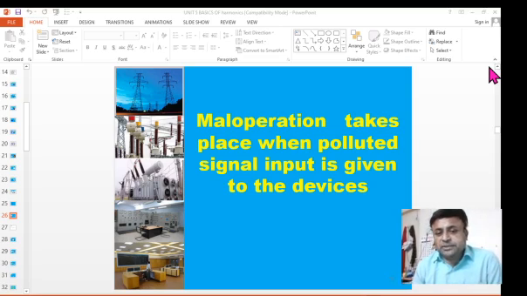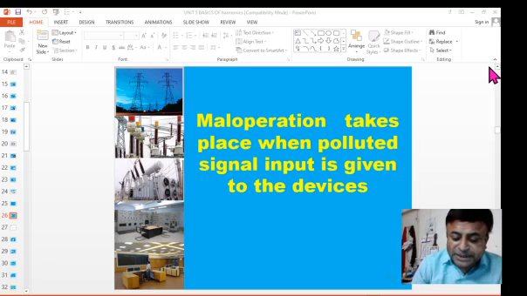These equipments are very sophisticated and are designed for a sinusoidal wave. So when the wave is not sinusoidal, they maloperate, which results in a lot of chaos.